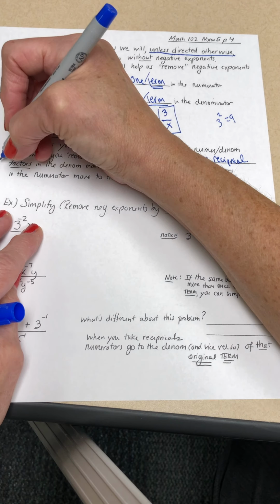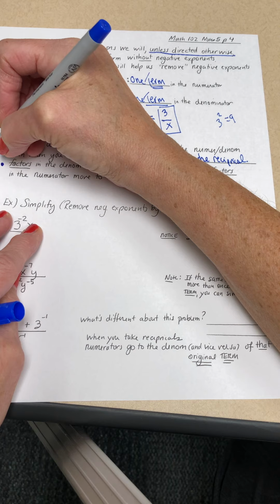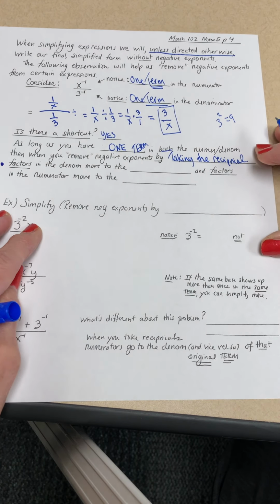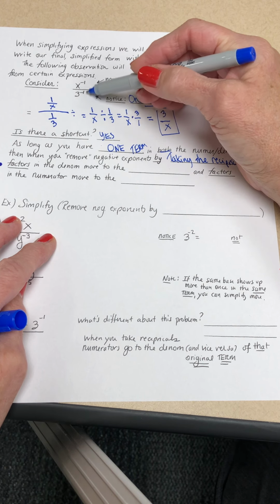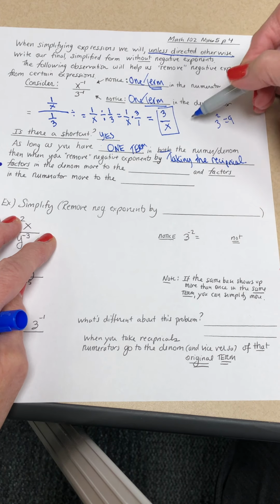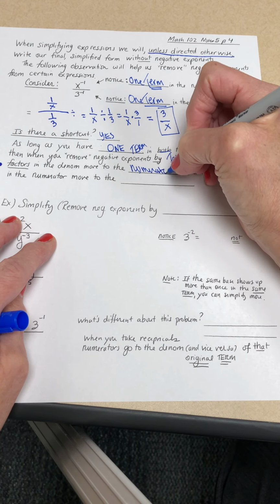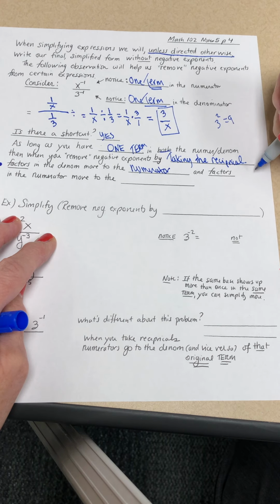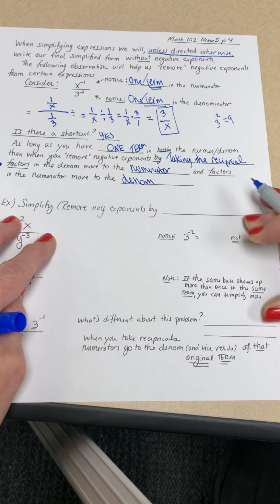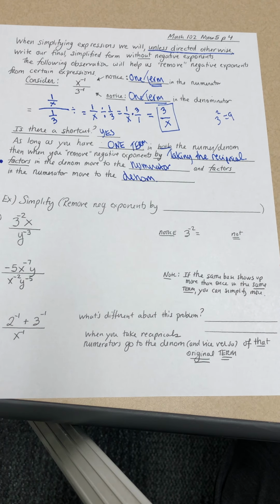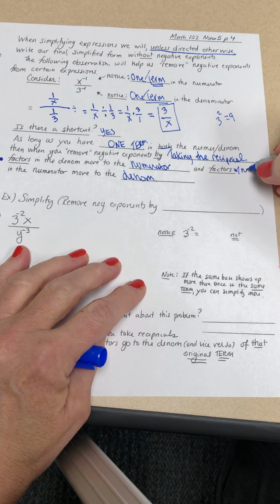So the shortcut is this. So here's the shortcut. Factors in the denominator move, see where the 3 used to be in the denominator? When you take it, it moved up to the numerator. And factors in the numerator move to the denominator. But those are factors, let me add it here, factors with negative exponents.